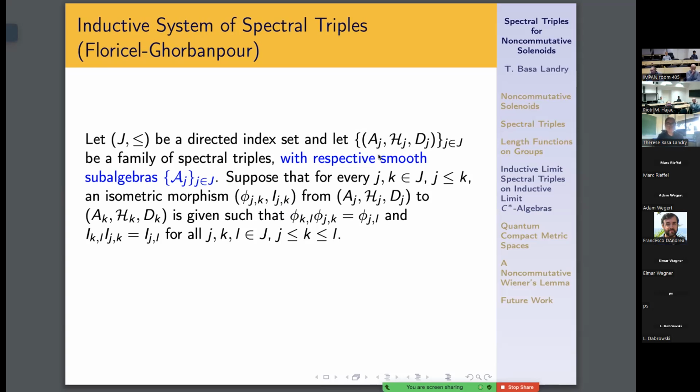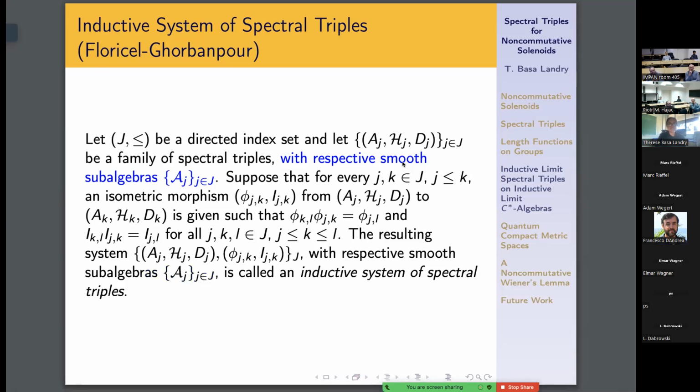And we have our connecting maps between each of the spectral triples. So we have a notion of isometric morphism between them. These maps here are connecting maps between the unital C-star algebras. Here are maps between the Hilbert spaces, and they play with the indexing set nicely.